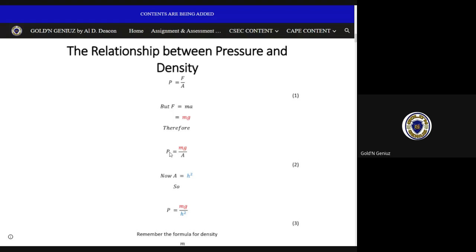Hence the reason why you're seeing P equal mg, which is in red, to show that F was there, but the meaning of F is mg, divided by A. I just replace the F with mg and continue dividing by A. Are you seeing how I get P equal mg divided by A? Please go to the poll.